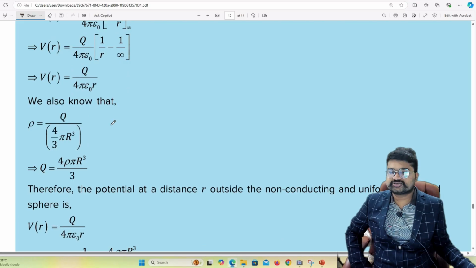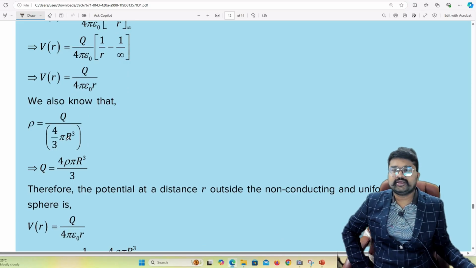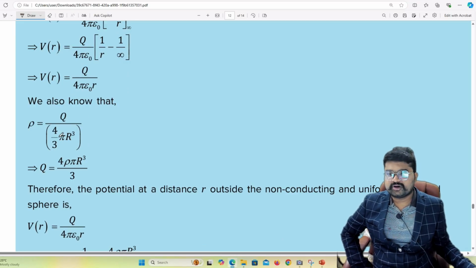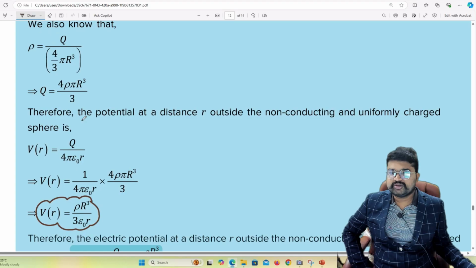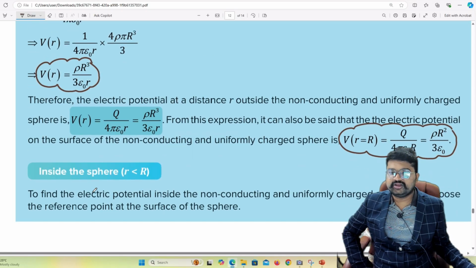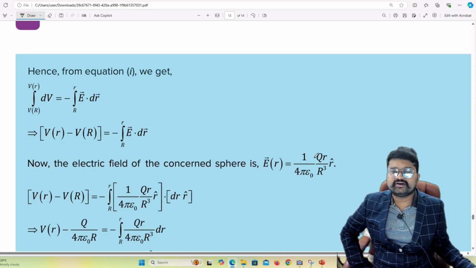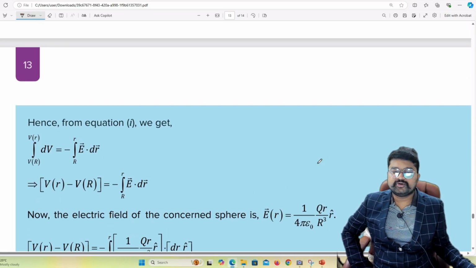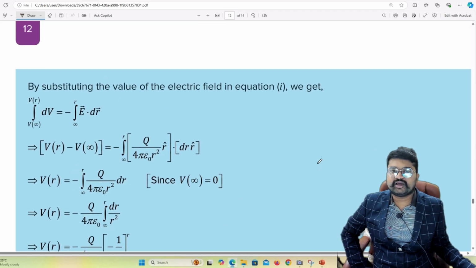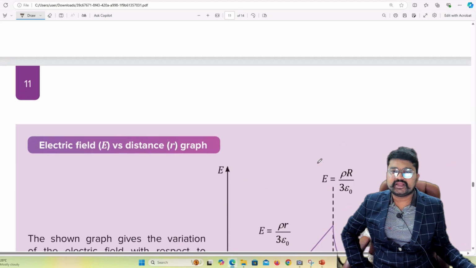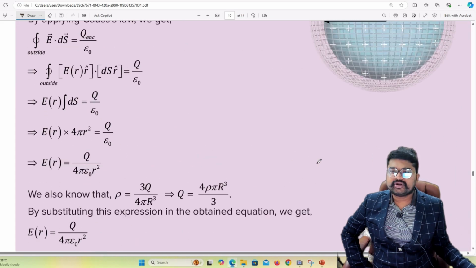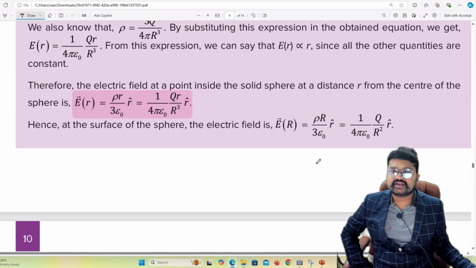We already explained this part. Up to here understood? Rho equals Q/(4/3 pi R cube). From here Q we can substitute here. Finally you got this. Inside also, electric field inside is Q r/R cube times 1/4πε0. We already derived that part in the last class. What is the derivation for r less than R?